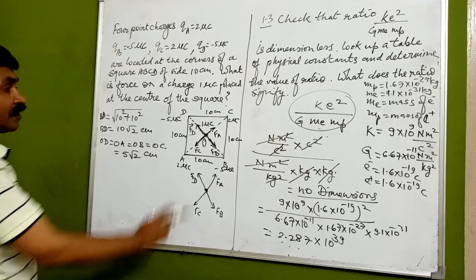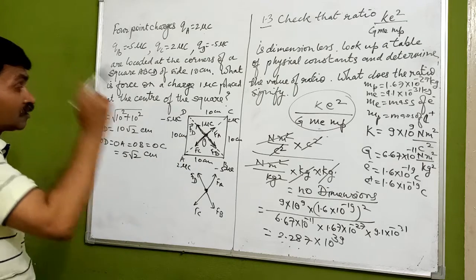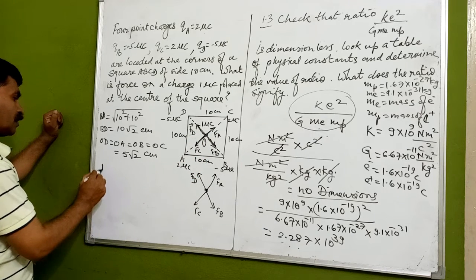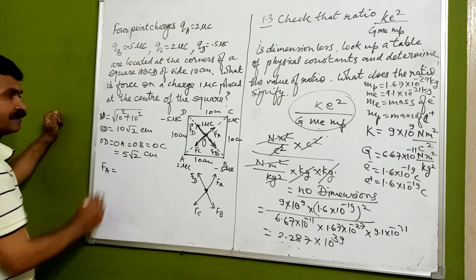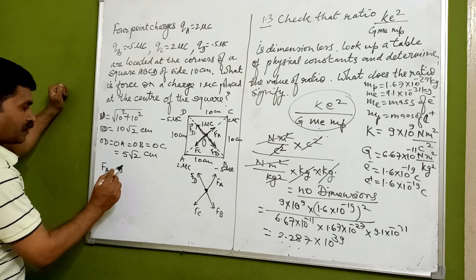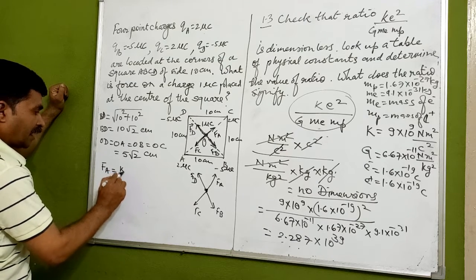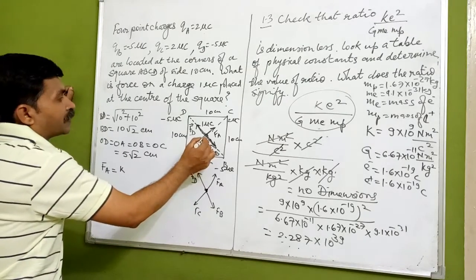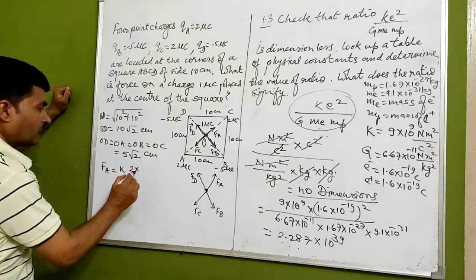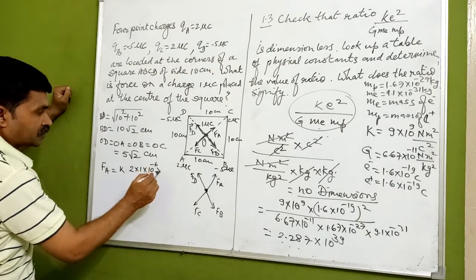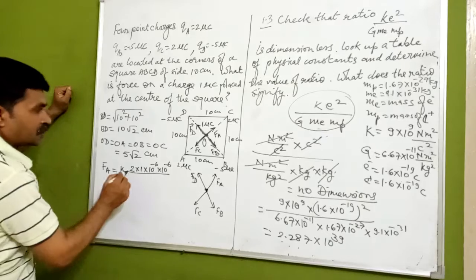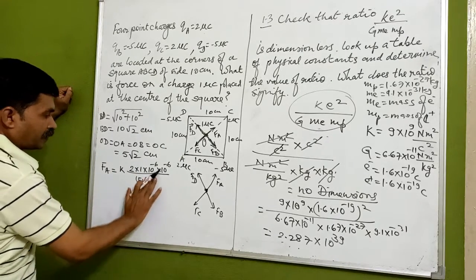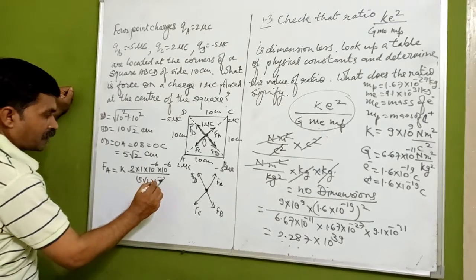Now what we have to determine is the force acting on this charge because of this one. So here we can have FA equals 9 into 10 raised to the power 9, instead of which I am writing only K. This is of 2 microcoulomb and this is of 1 microcoulomb. So 2 into 1 into 10 raised to the power minus 6 into 10 raised to the power minus 6, divided by the distance 5 root 2 into 10 raised to the power minus 2, squared.